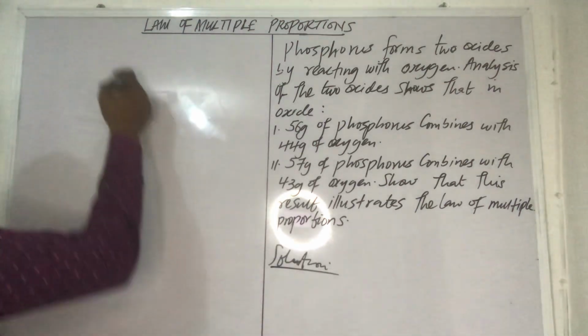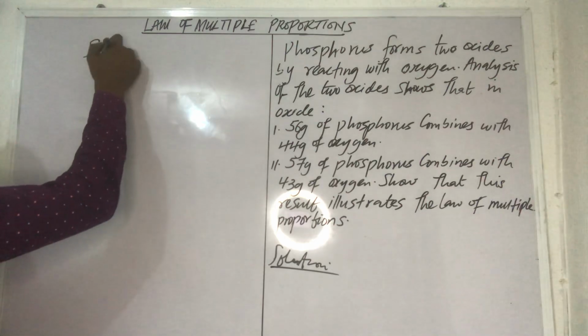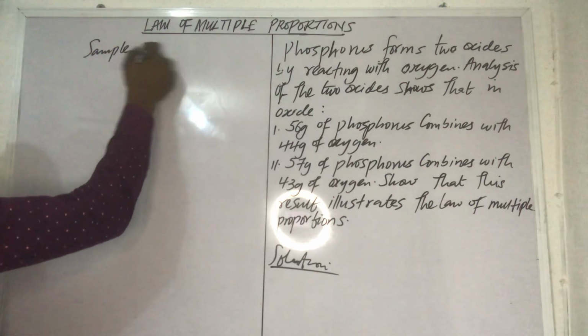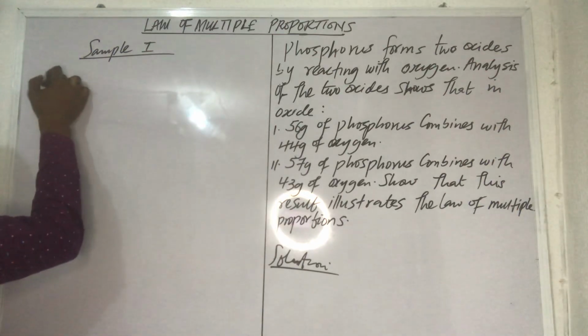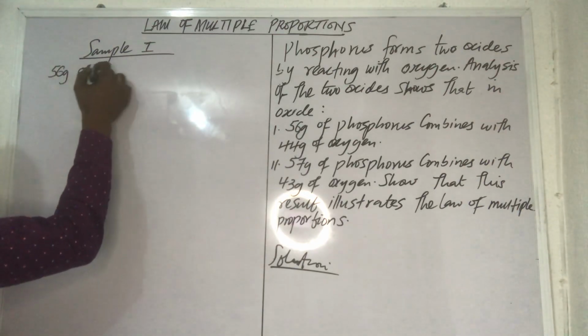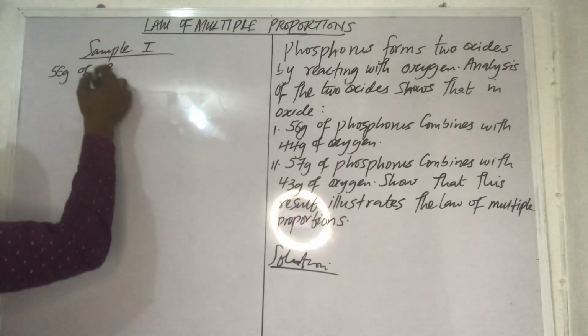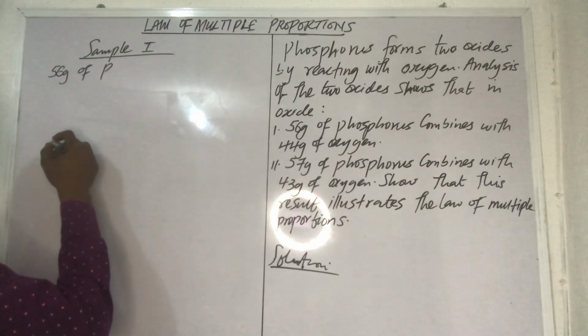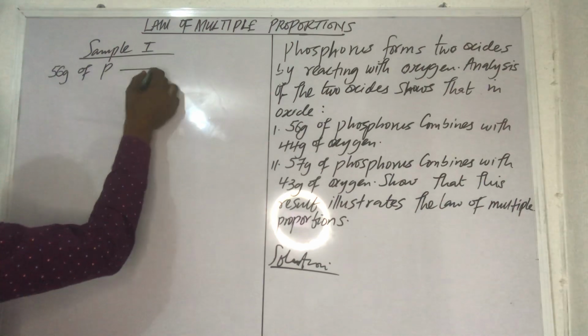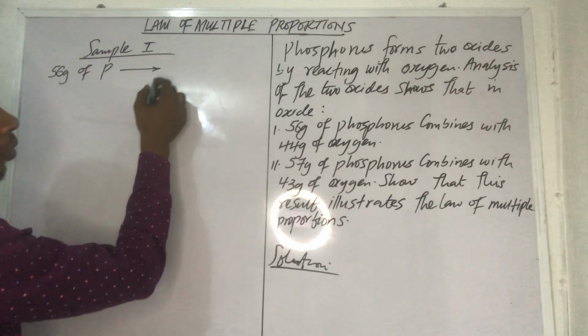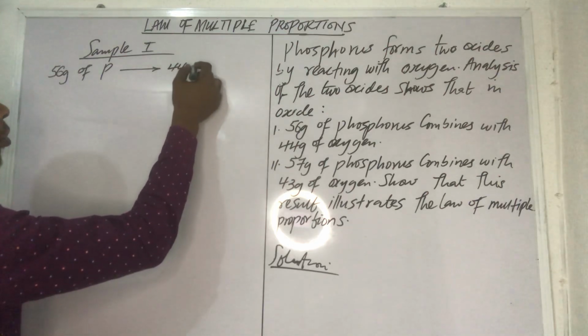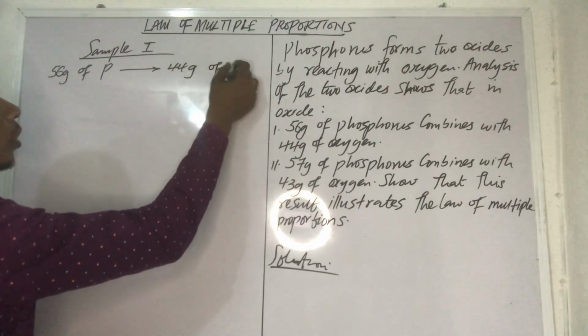Then in sample 1, 56 grams of phosphorus combines with 44 grams of oxygen.